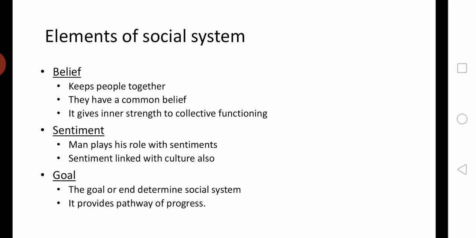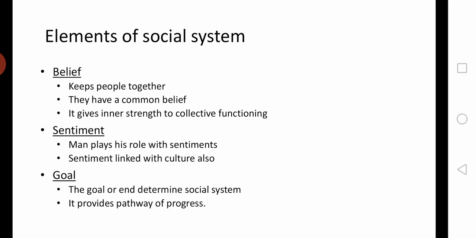Now, what are the elements of a social system? If a system has to be worked out and carried out, there are some elements behind it. The first one is belief. If a group of persons, team members, believe each other, they will work together, or stand together as a team, and that is the main element of a social system.